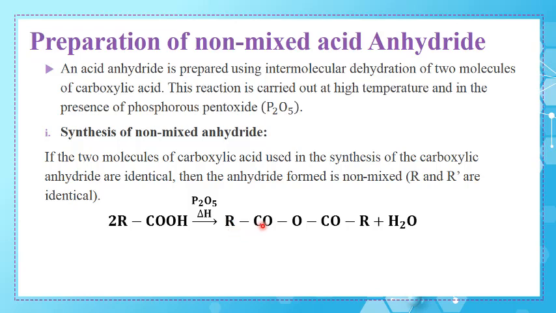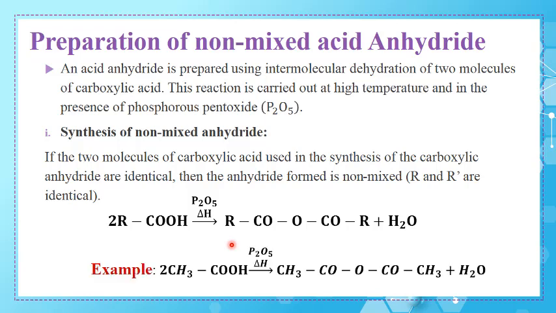Simply R, C double covalent bond O, O that is in the middle, C double covalent bond O, and R, plus H2O that is eliminated from two molecules of carboxylic acid. Okay? Here is an example. Here, for example, two molecules of ethanoic acid. So automatically we will get ethanoic anhydride plus definitely a water molecule that is eliminated from these two molecules.